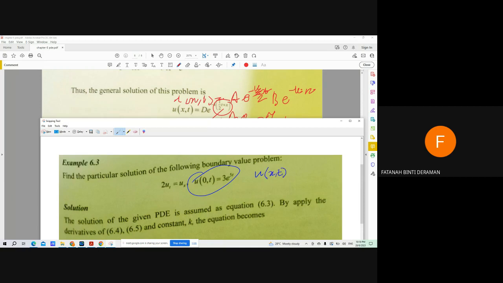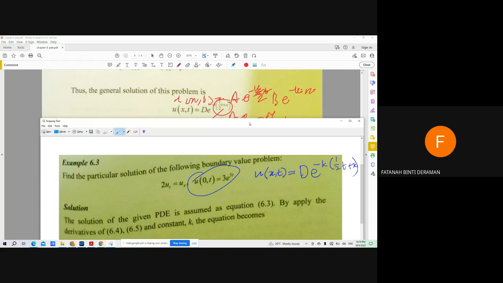This is general, but here it is u(0,t), so not general, equal to d e^(-k(1/2)t + x).